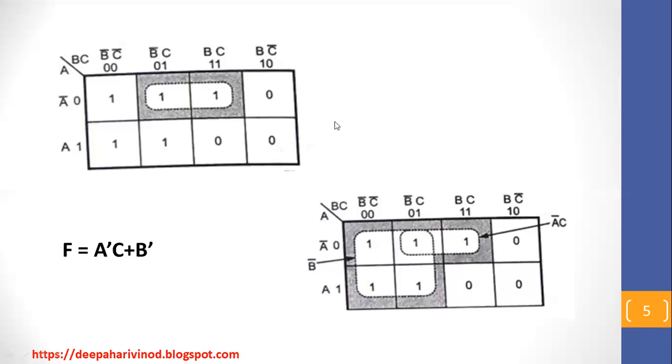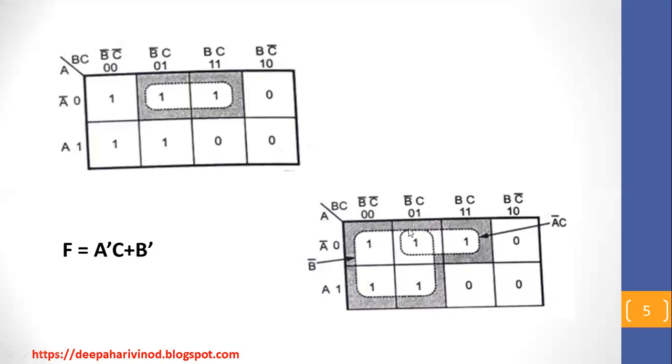So I can group it together, and the last one is remaining. So I have an adjacent one along with that. So I can group like this. Now to write the equation for this, check it out. What is common over these two rows? Nothing is common, isn't it? So in these two columns, what is common? That is B bar.